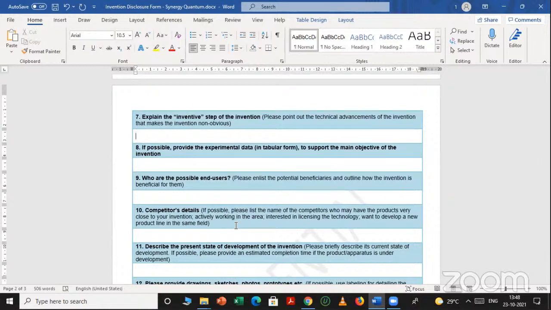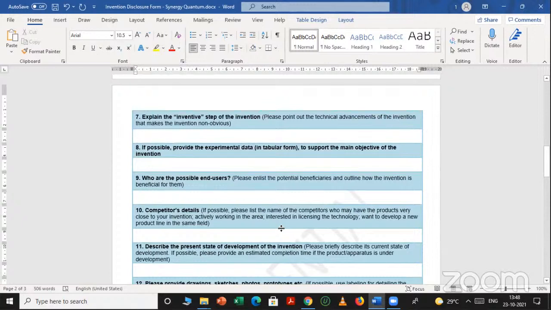So if you have some MATLAB records, or some sort of data related to calculating the efficiency of your algorithm, you can put it here. This will help attorneys.